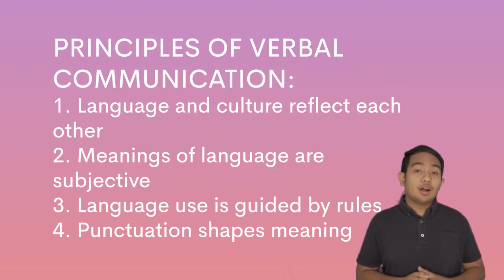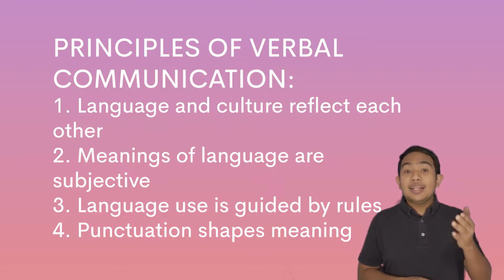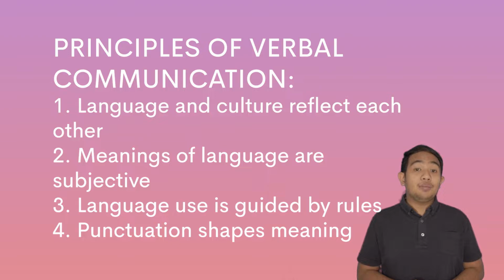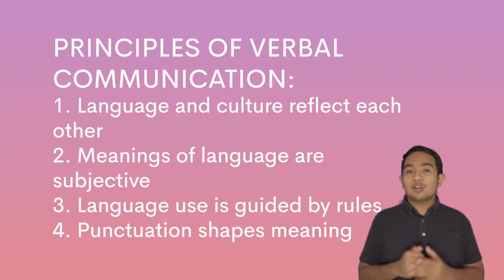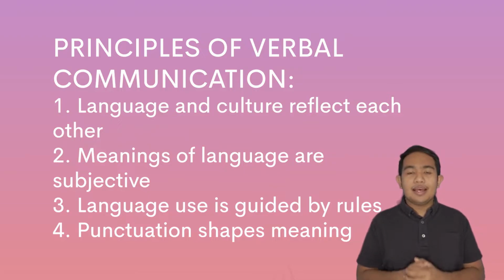The second principle of verbal communication is that meanings of language are subjective, and how we communicate verbally to others affects the construction of meaning. We have to remember that verbal messages are arbitrary, or in other words, meanings of words change over time.